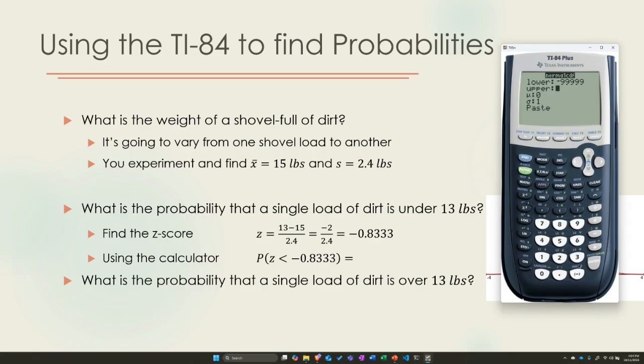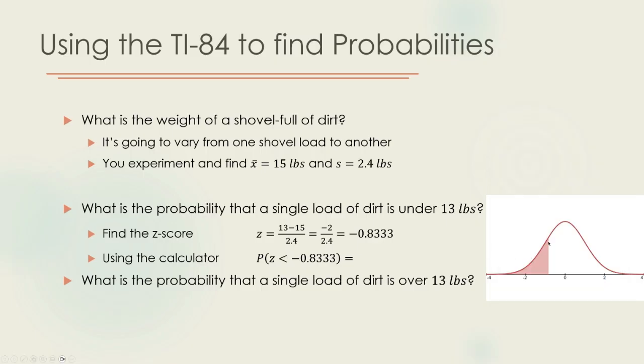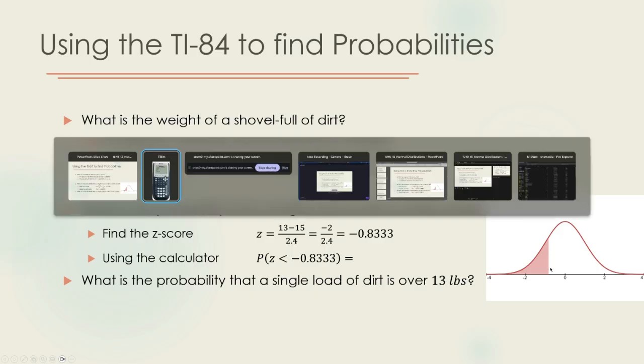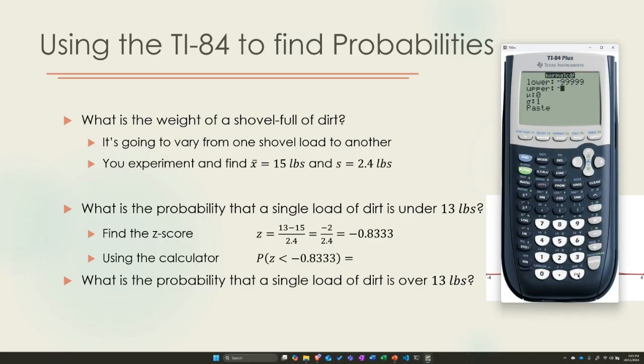The upper bound, what's the right side of this area? Well, that's going to be our z-score. So that's going to be negative 0.8333, and so on. Since we're dealing with a z-score, that means we have a standardized normal distribution with a mean of 0 and a standard deviation of 1. And that's all we need. So we paste that. And if you did this on a TI-83, this is basically what you would get.